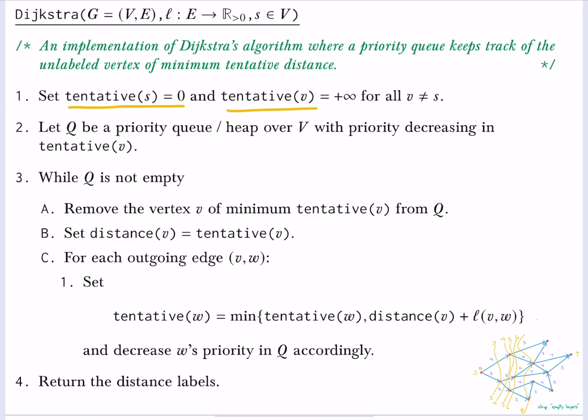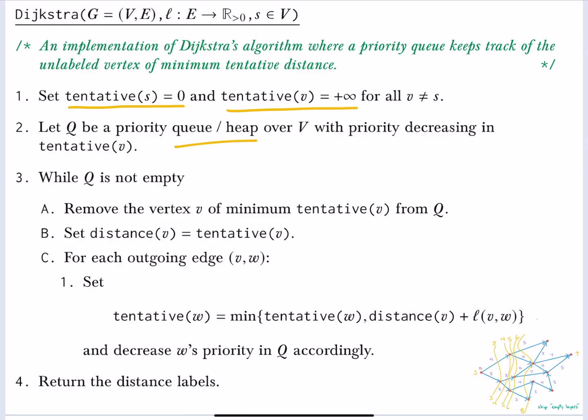For everything else, I haven't really explored anything yet. Nothing is labeled, so everyone gets tentative distance infinity. Then we'll make a heap over all the vertices using their tentative distances as the priority.